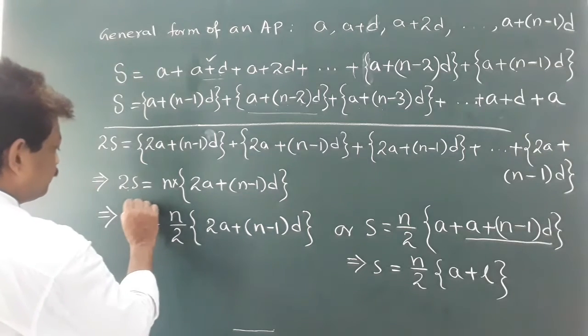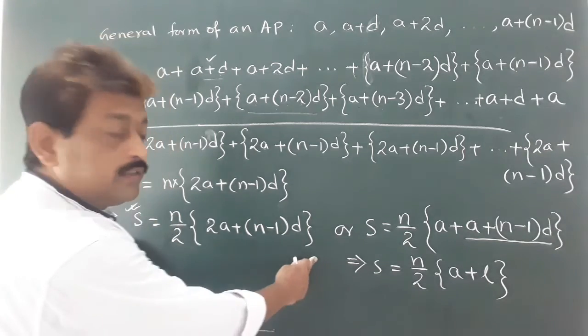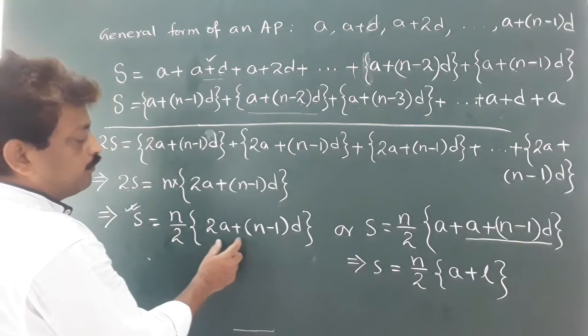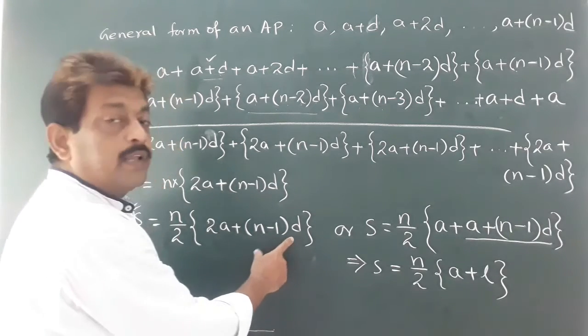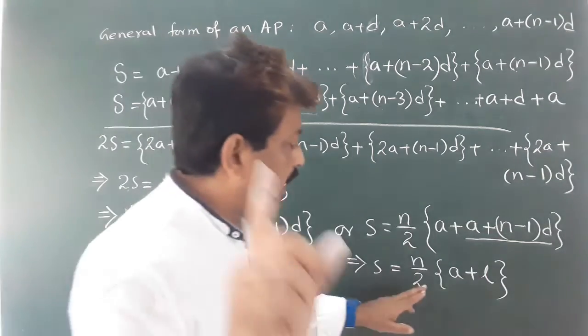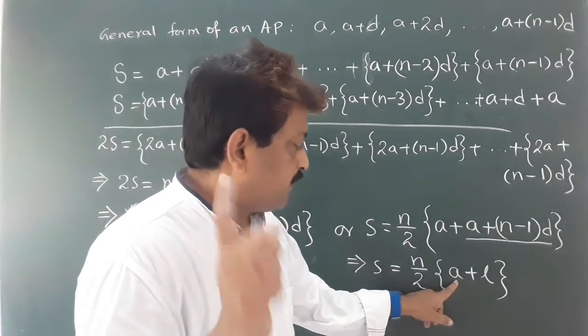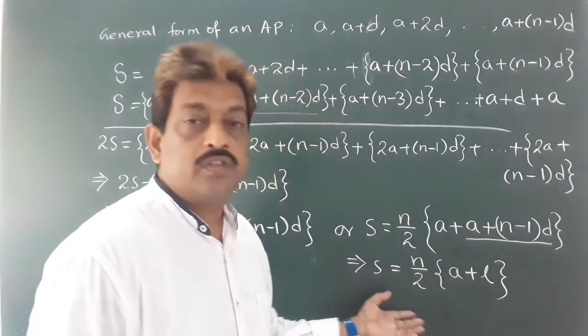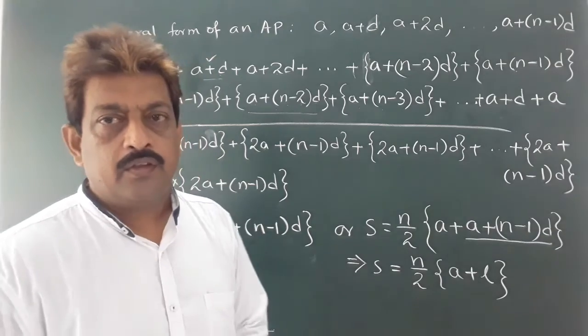Hope you have understood. So we have got two formulas. One is this one, which we generally use: S equals n upon 2 multiplied with (2a plus (n minus 1)d). This is the general form, and if the last term is known and the first term is known and the number of terms is known, then we can use this formula also. Okay?